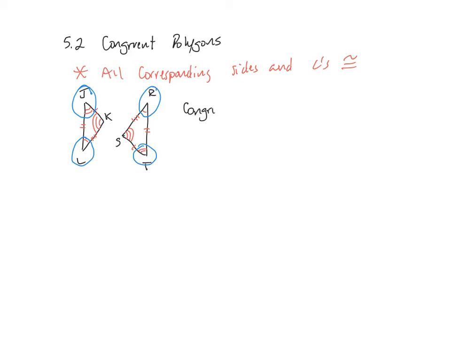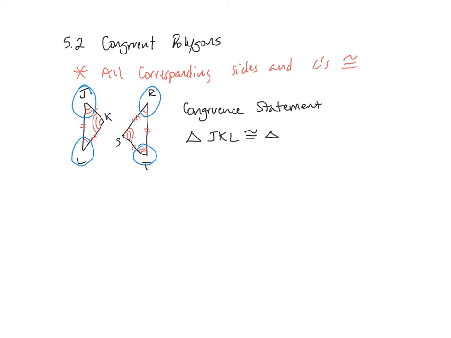For what's called a congruence statement, you'll see this phrase come up: write a congruence statement. These two triangles are congruent because all their corresponding sides and angles are labeled congruent. So if I write triangle JKL is congruent to triangle, I must follow the corresponding parts.